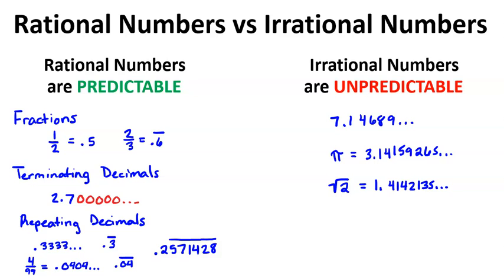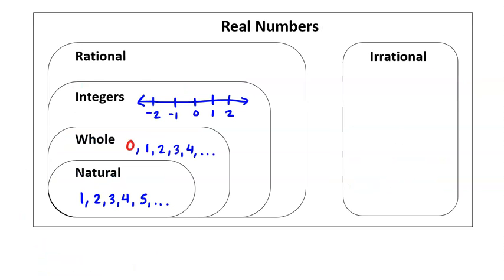So now let's go ahead and go back to our Venn diagram. So rational numbers can be those fractions. And just remember, I could have 1/3, but it could also be negative. So I could have a negative 1/3. I could have 3 over 4. Then I could have these decimals as long as they end.